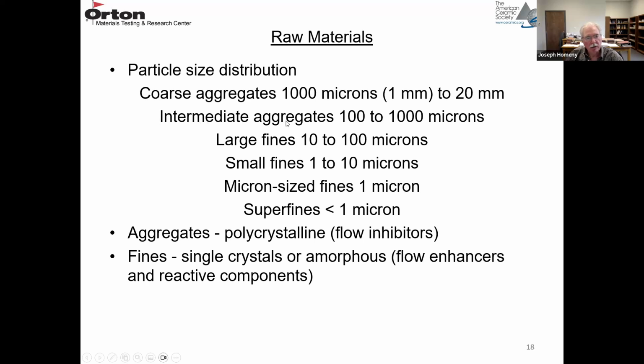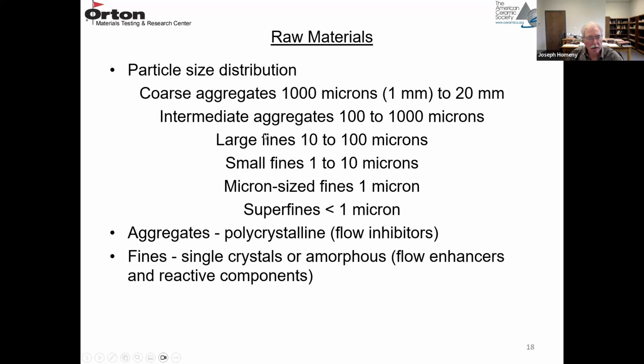And then there's intermediate aggregates, so going down in size, maybe 100 to 1,000 microns. Then the larger fines are maybe 10 to 100 microns. The smaller fines are maybe 1 to 10 microns. And then you have micron size fines around 1 micron, and then the super fines are less than a micron.